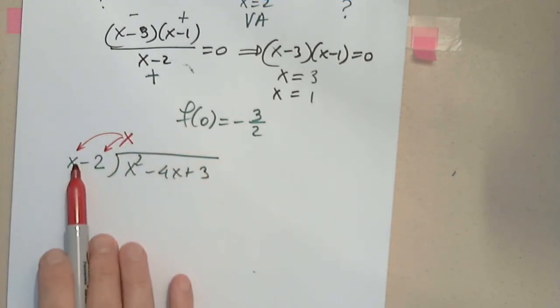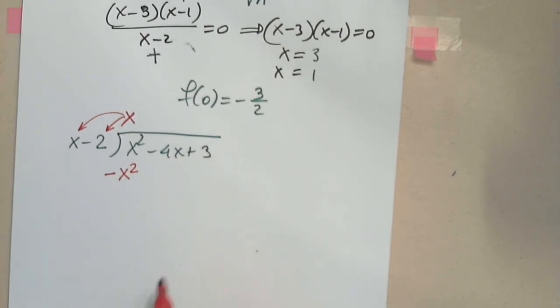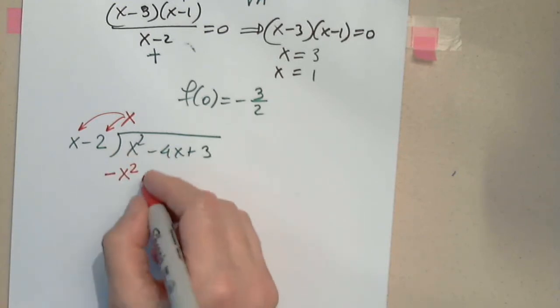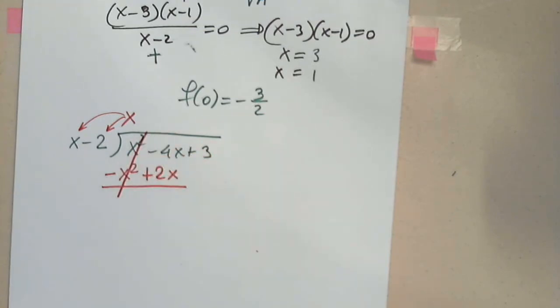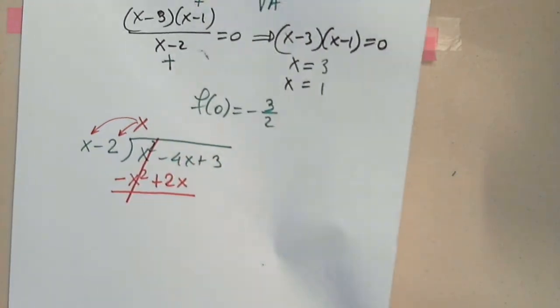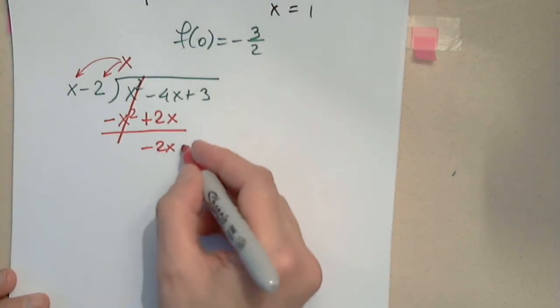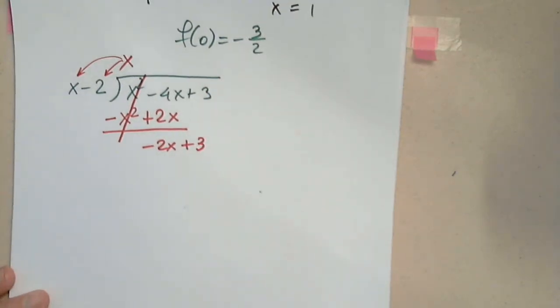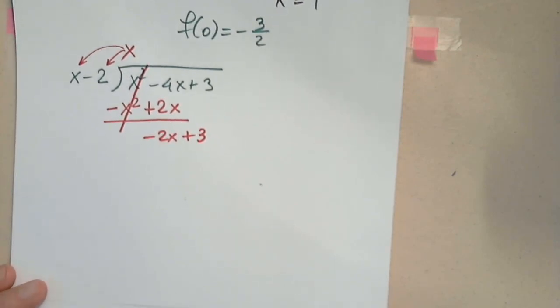X times x is x squared, but I have to change the sign. X times negative 2 is negative 2x, but I have to change the sign. Perform the operations, I see negative 2x, and I bring down the next in line, like we did in the previous section.